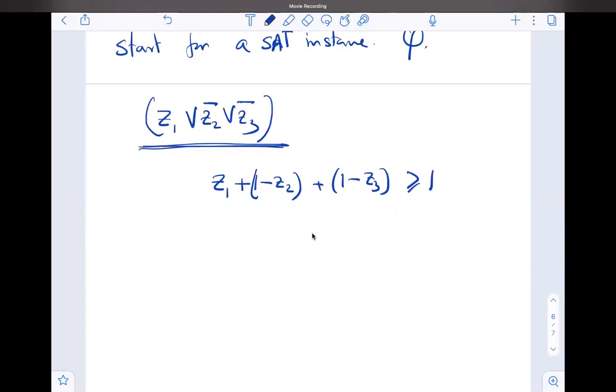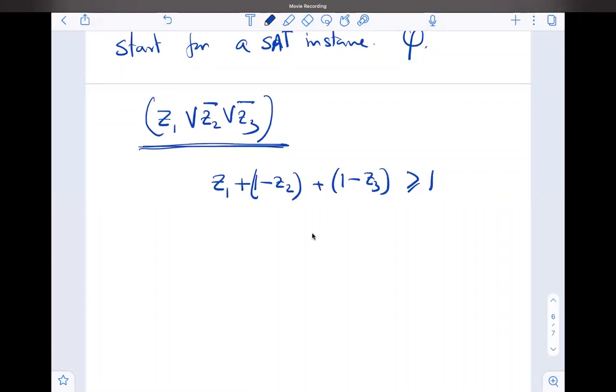So I would like to write it here. Why? If Z2 is 0, then you have, so either we want Z1 to be 1 or Z2 to be 0 or Z3 to be 0. If either one of those things happens, then in this sum either Z1 will become 1 and the rest will only increase it beyond 1, or if Z2 was 0, then 1 minus Z2 will become 1 and the rest will only increase it beyond 1, and so on.